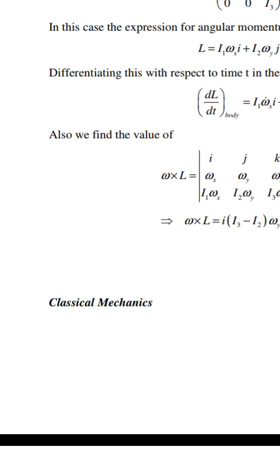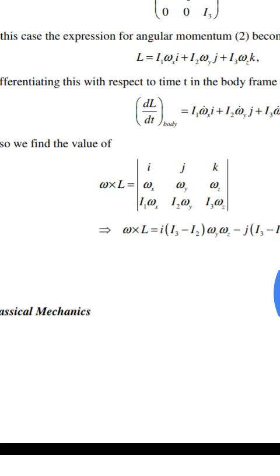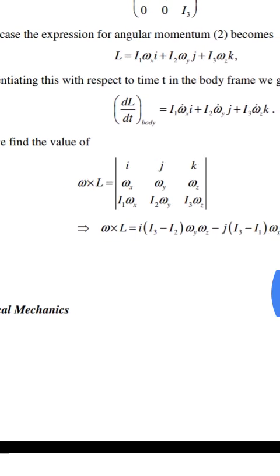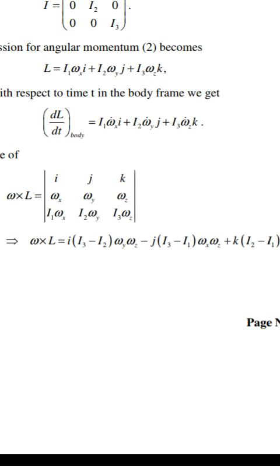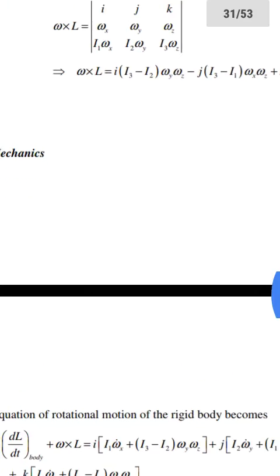Also, we find the value of w cross L is equal to determinant of i j k, wx wy wz, I1 wx, I2 wy, I3 wz. w cross L is equal to (I3 minus I2) wy wz i minus j (I3 minus I1) wx wz plus k (I2 minus I1) wy wx.